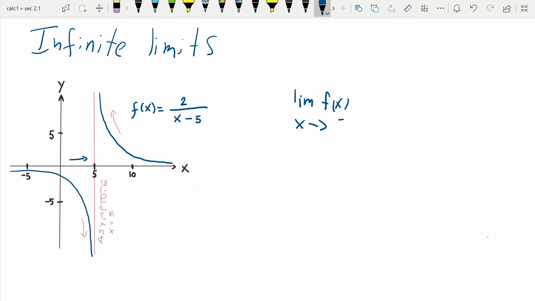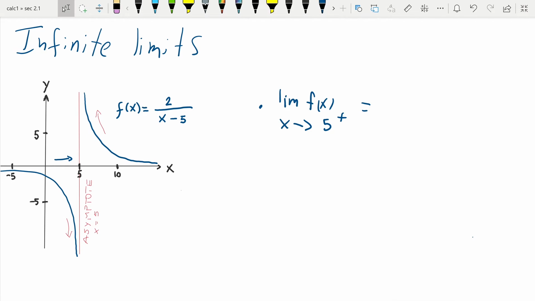However, we may ask, what happens if we approach 5 from the right and from the left? In this case, when we approach 5 from the right, as we can see from the graph, f becomes unbounded and very positive, so the limit is plus infinity.